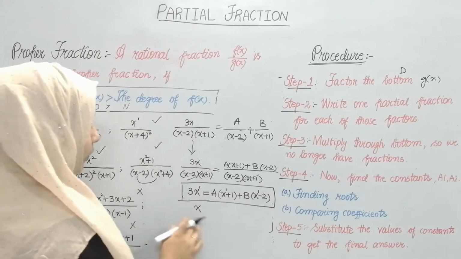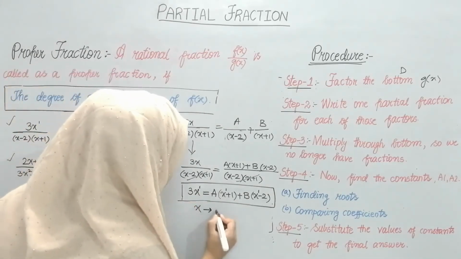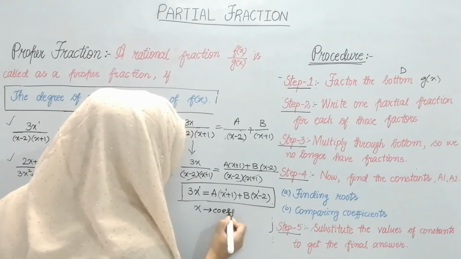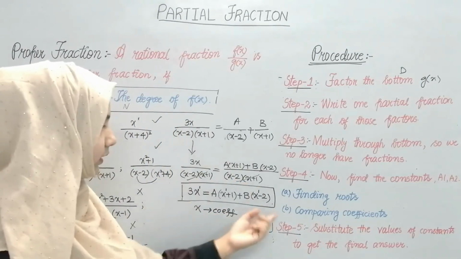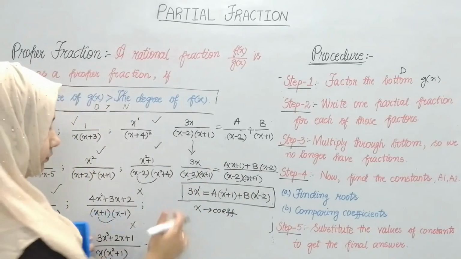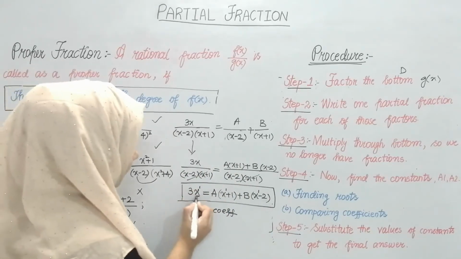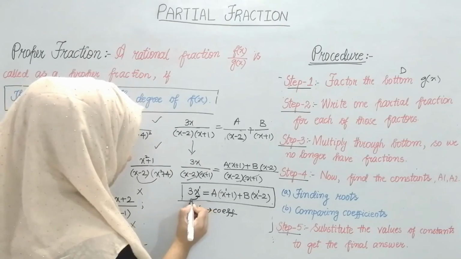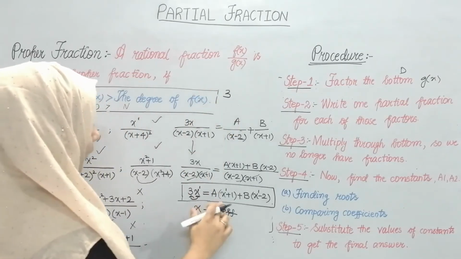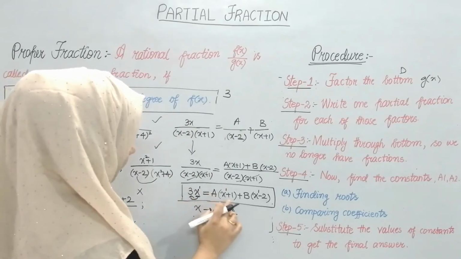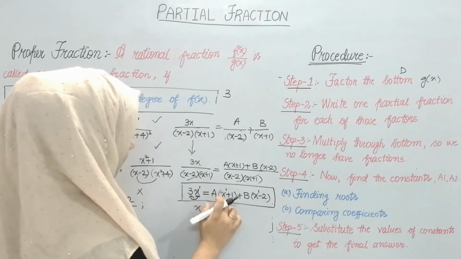So now what we do is we compare the coefficient of this x in this entire equation. Here in this one I've got x, right? So the coefficient of x is 3. I'll write here 3. Now moving on to the RHS, I've got x here.